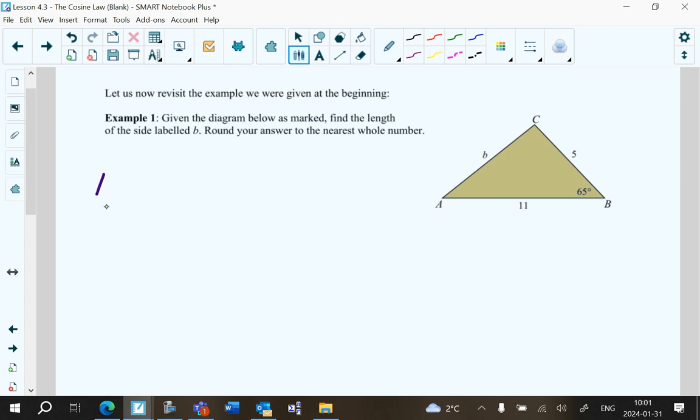Well, b squared equals, now take one of the other sides, 5 squared plus 11 squared, minus 2 times 5 times 11 times the cos of the angle opposite. Can you just plug this into the calculator?